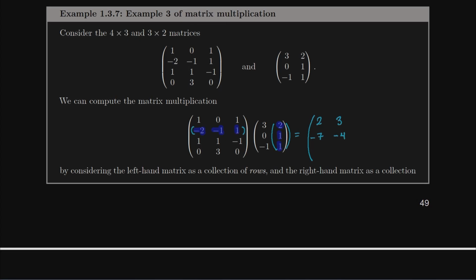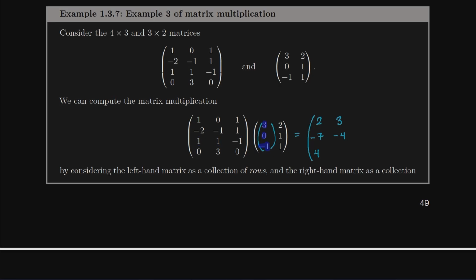Then if I want to do the third row by the first column, we have a 1 times 3 is 3, plus 1 times 0 is still 3, plus negative 1 times negative 1 is going to give me a 4 in the overlap of the third row and the first column.